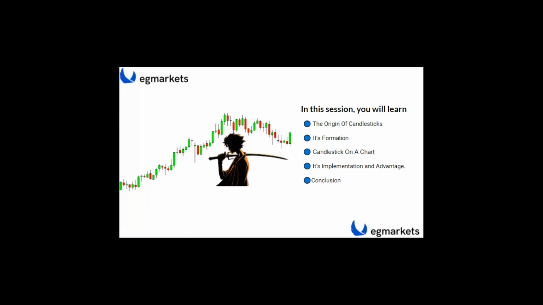Now, all in all, the major idea behind the candlestick chart is to get you to view price from a certain perspective, from a certain angle in time. That's why we have candlesticks in time frames. We have the 4-hour time frame, where one candlestick will tell you what price has done for the last 4 hours.